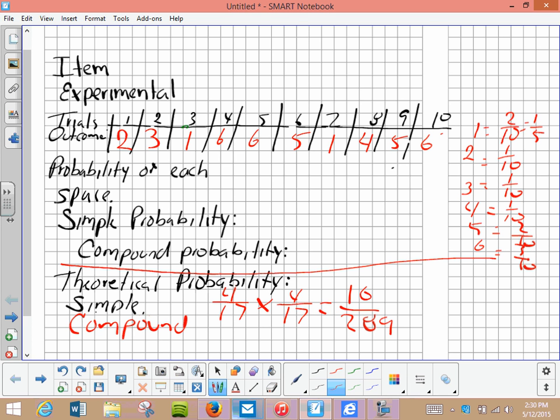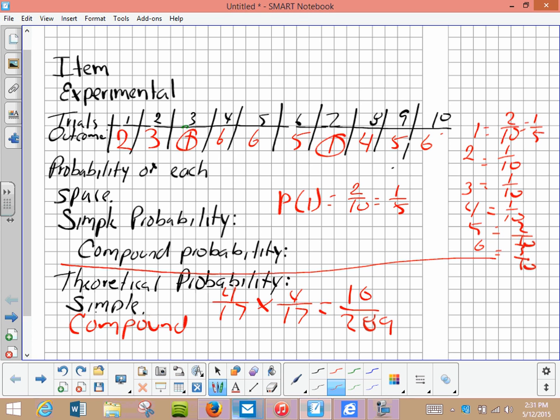So what is simple probability then? Of getting 1. Probability of 1. What is it? No, experimental. Which is 1 out of 5, right? Because there's 2 ones. All right.